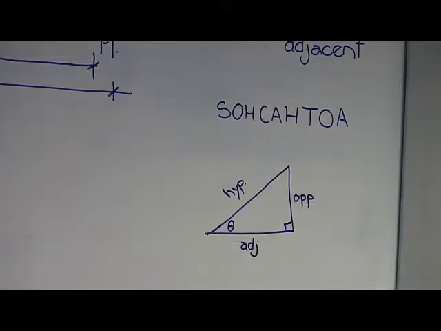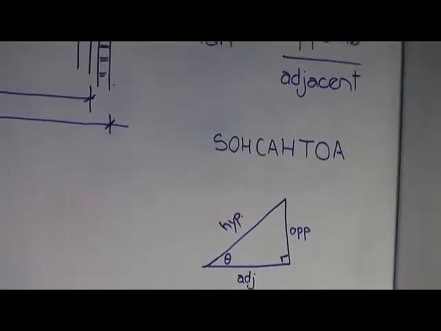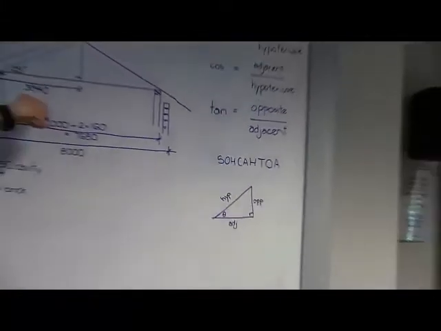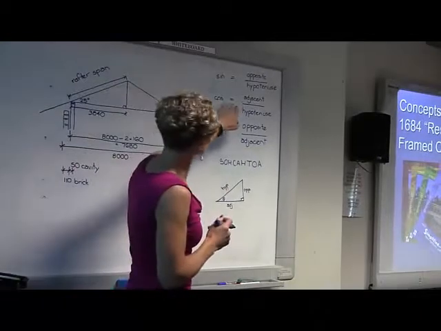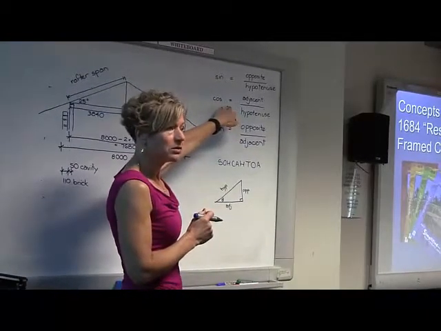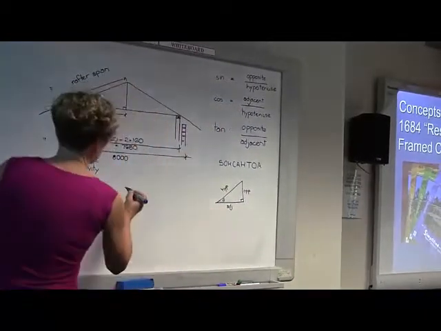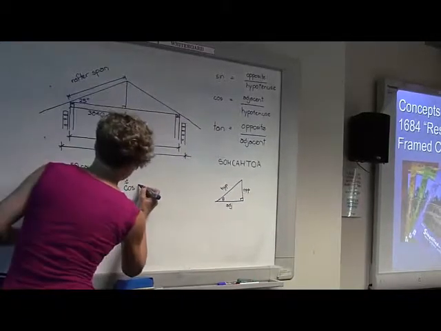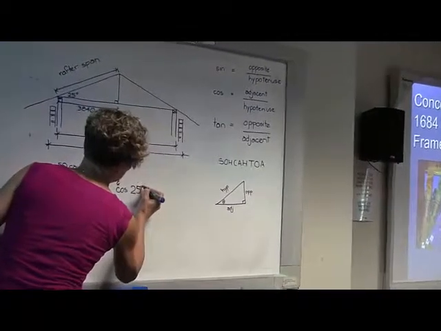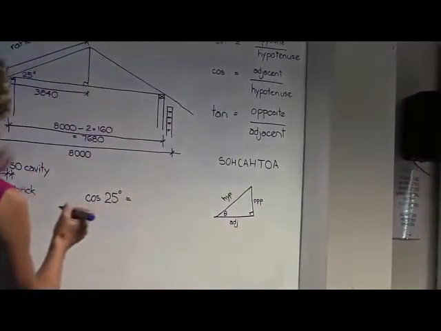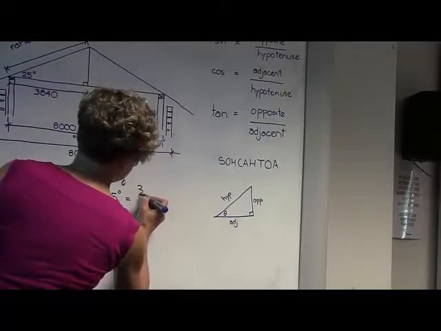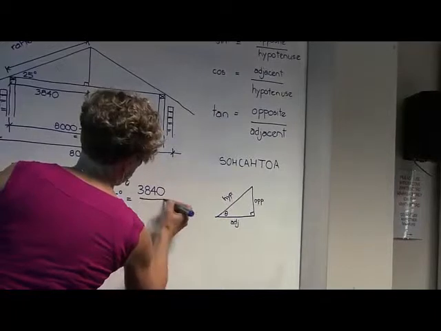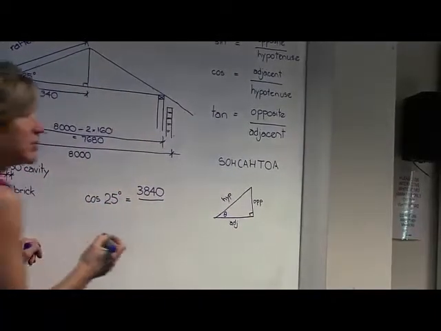In this triangle I want to find the hypotenuse, and I have the adjacent, so I want to use cos. Cos of my angle, 25 degrees, equals the adjacent, 3840, divided by the hypotenuse, which is my rafter span.